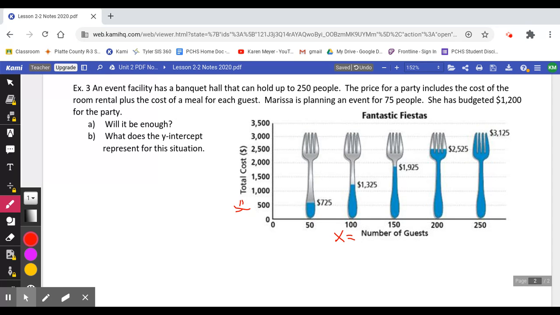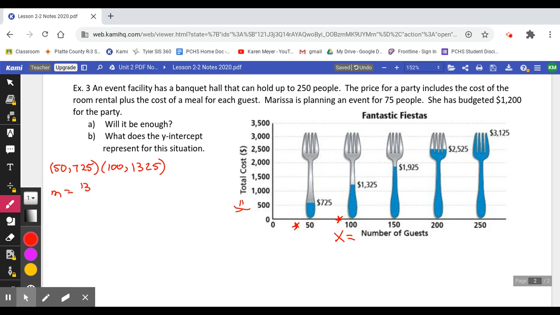I'm going to start with 50. If 50 guests go, the cost is $725. And then I'll pick the next one. If 100 people go, the cost is $1,325.